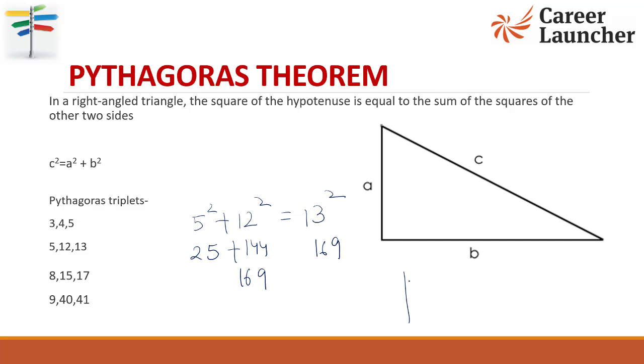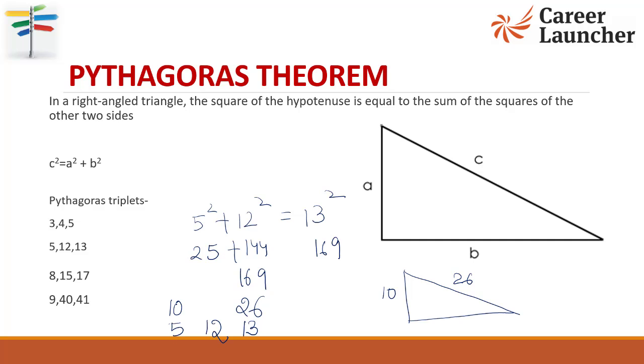So if I see a triangle where one side is given to me as 26 and another is 10, and I see the ratio of 10 and 26, this is 5 and this is 13, and it is given to me that it's a right angle triangle, we know 5 12 13 is a Pythagoras triplet. I've been given the two sides which are proportional to 5 and 13, so the third side should be proportional to 12.